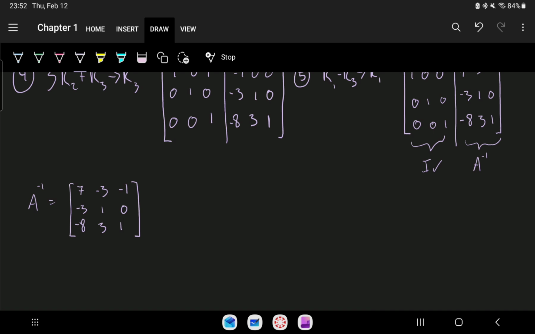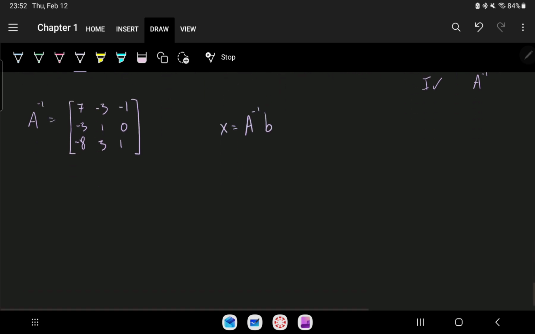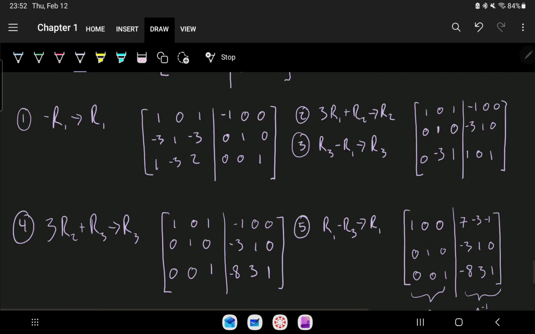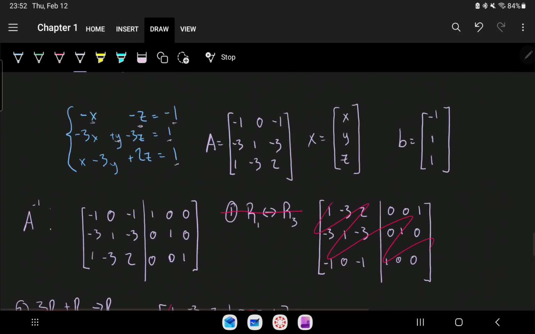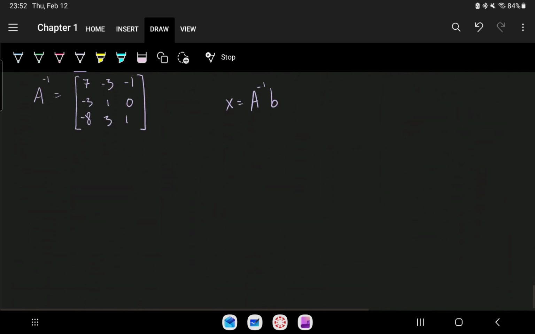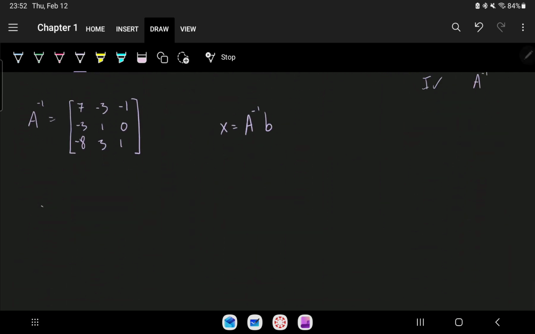Okay, so now that I have A inverse, I can remind myself that x equals A inverse times B, right? So, if we look back up here, that was so long ago, B is negative 1, 1, and 1.